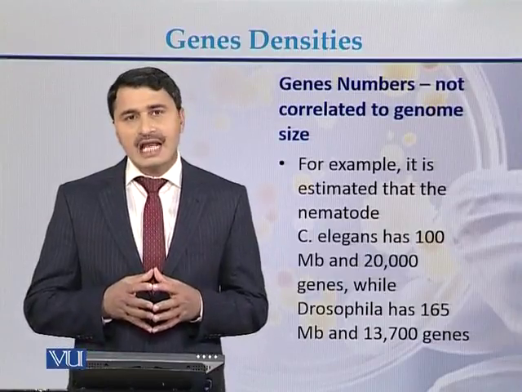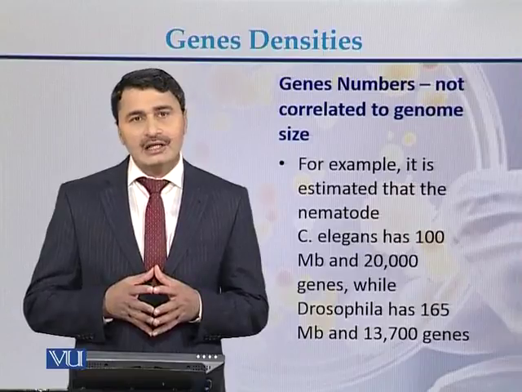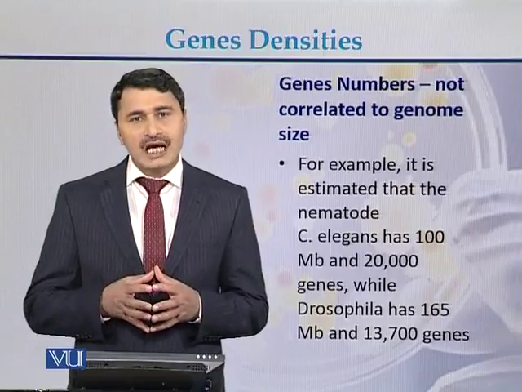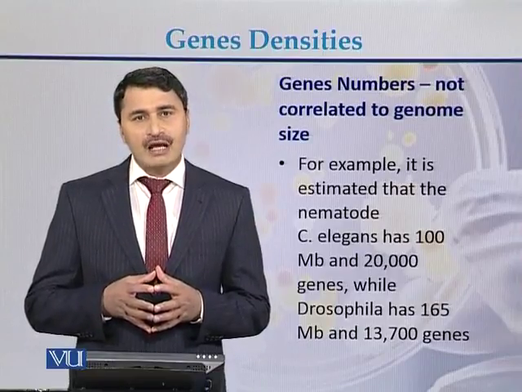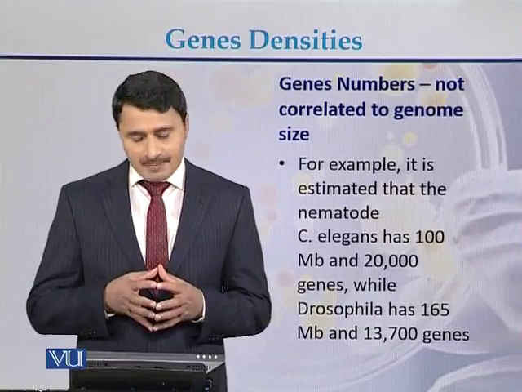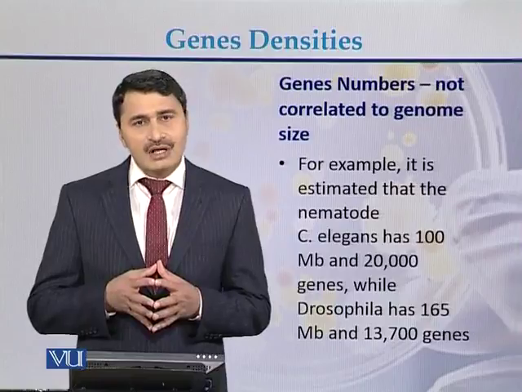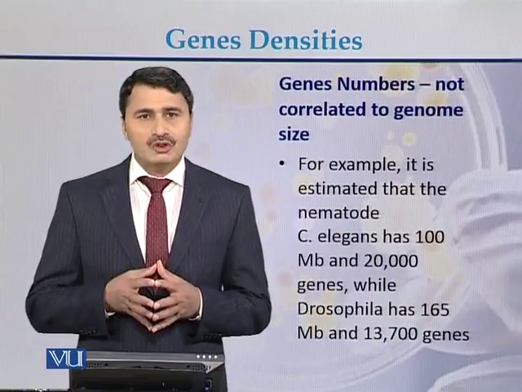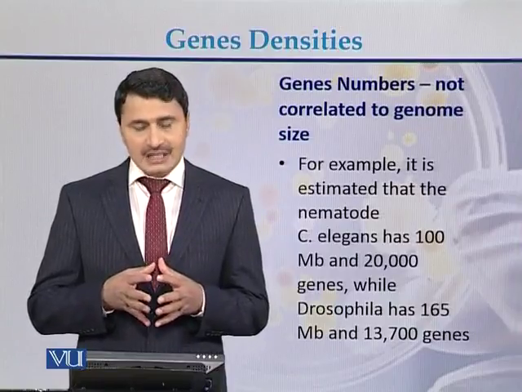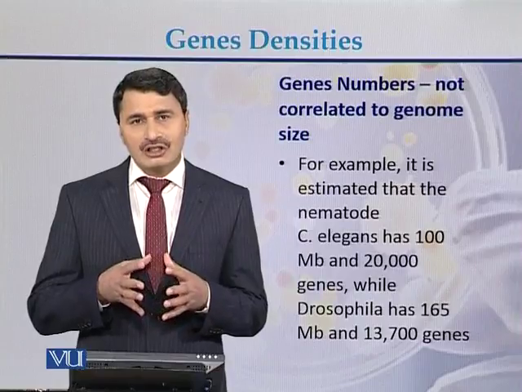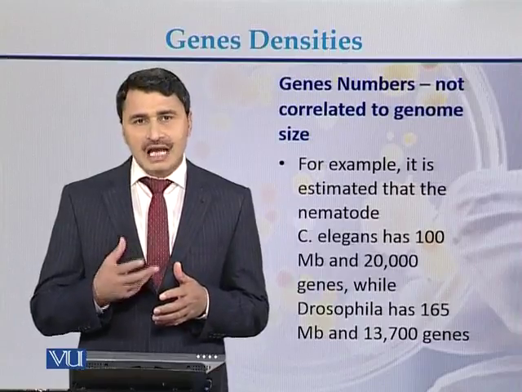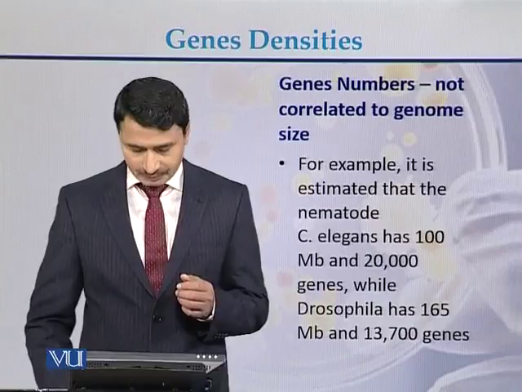On the other hand, the genome size of Drosophila is 165 MB, while there are 13,700 genes on the genome. So here we can see that the gene number is not directly related to the size of the genomes.